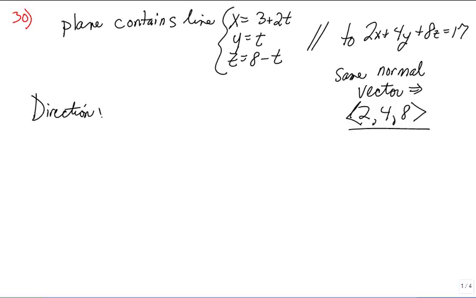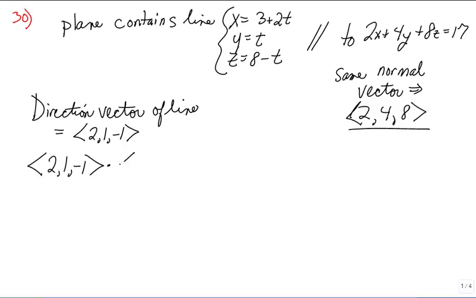Let's check this though. The direction vector of this line, if I dot them, these should be orthogonal.